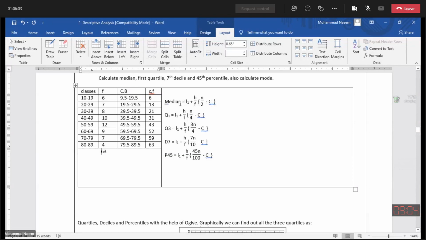Let me try median. First of all, find this ratio n by 2. What is n by 2? 31.5.